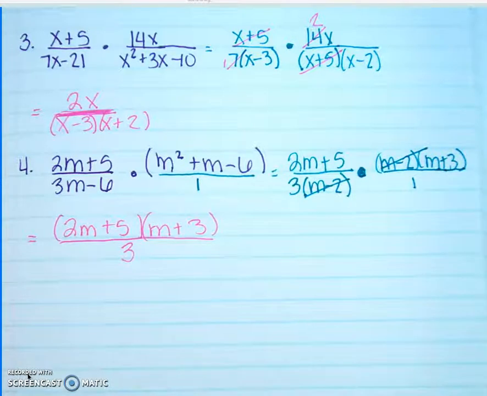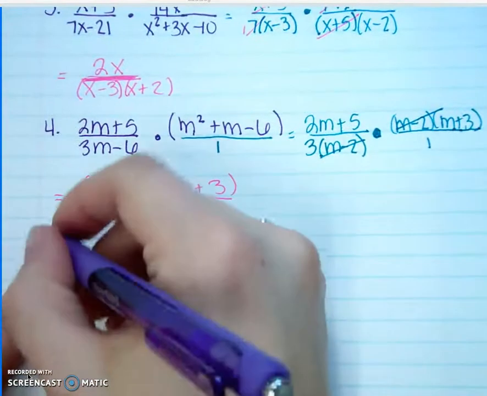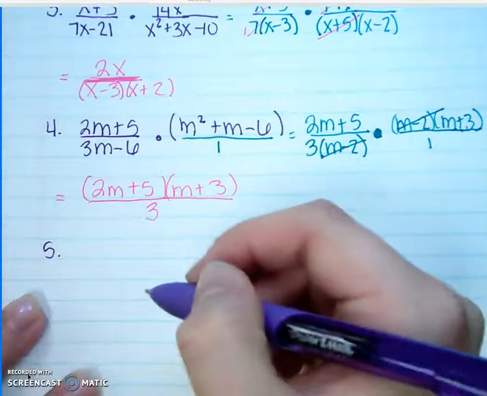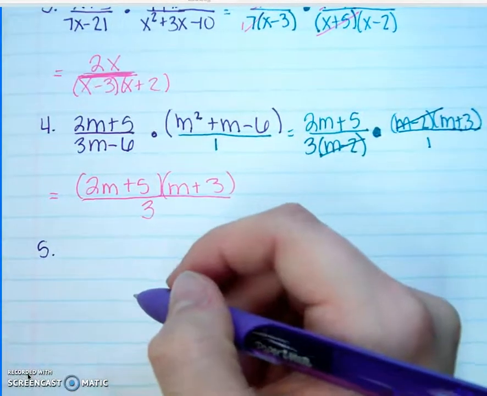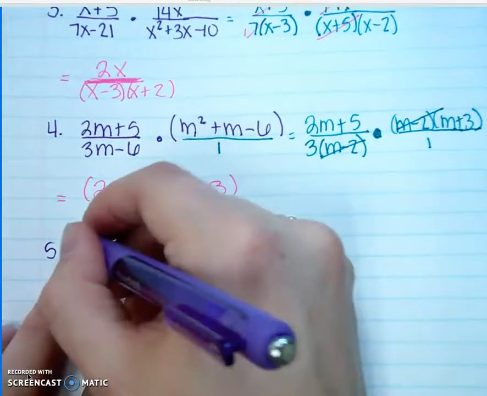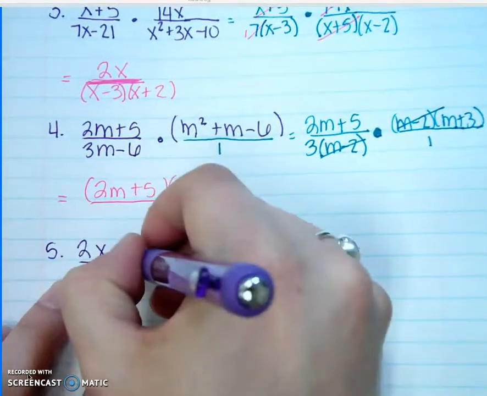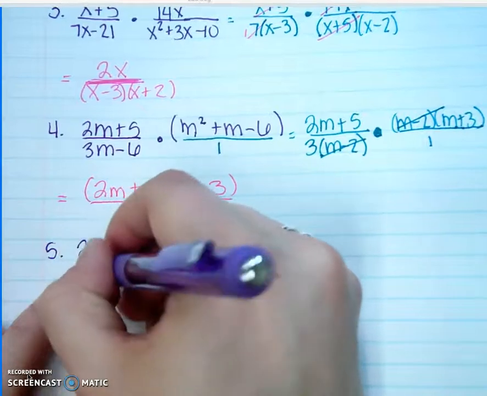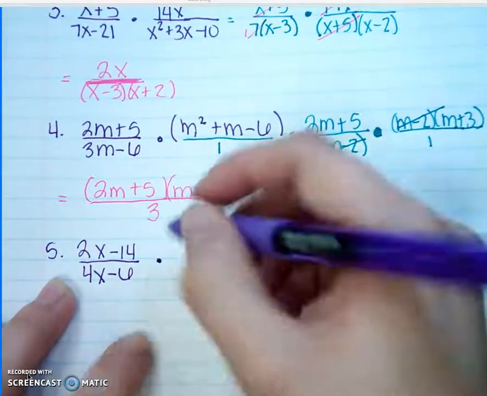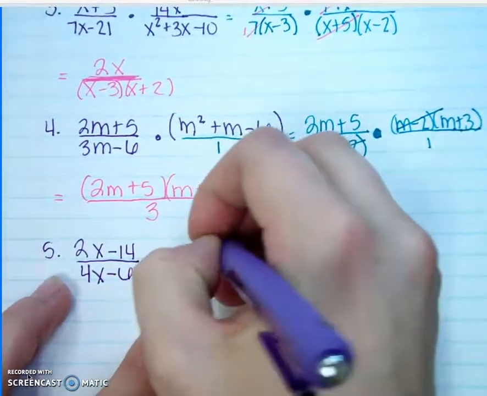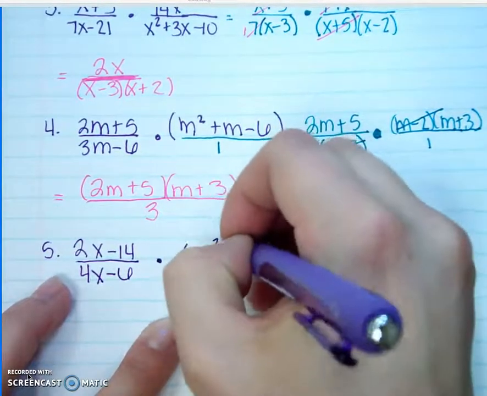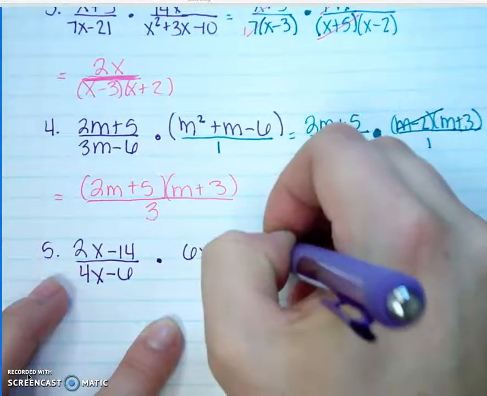Okay, let's do one more. Let's do 2x minus 14 over 4x minus 6 and multiply it by 6x squared minus 13x plus 6.